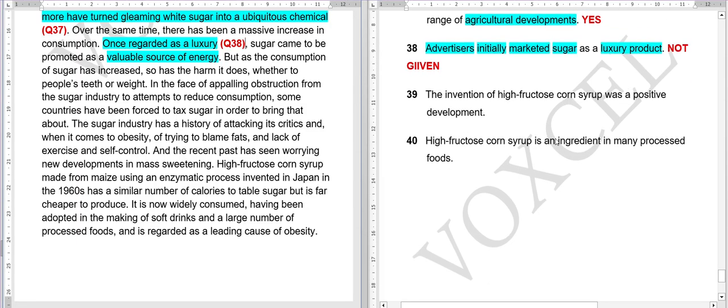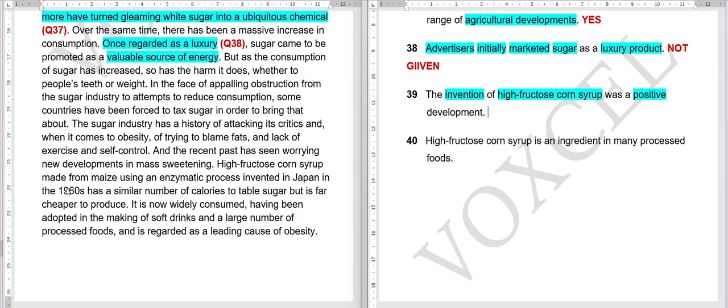The invention of high fructose corn syrup was a positive development. So if this invention of high fructose corn syrup is a positive development, the answer will be yes. But if it is not a positive development, it's a negative development, the answer will be no. But if we don't know whether it was positive or negative, the answer will be not given.